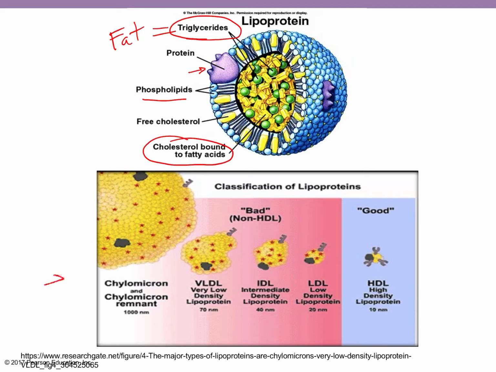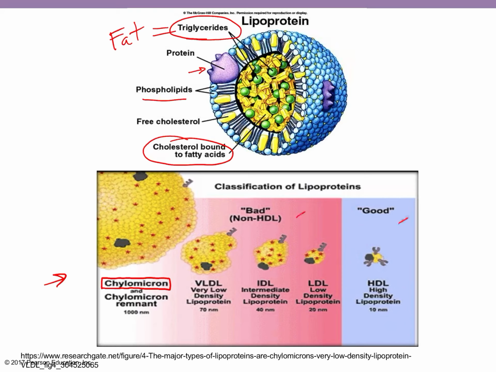And your body will make several types of these lipoproteins to carry the fats around your body. The one kind that's made from your digestive tract is called the chylomicron. So the chylomicron, you can see, is very different looking than the other ones. And then we'll talk about how some are considered bad and some are considered good, but not in this chapter.